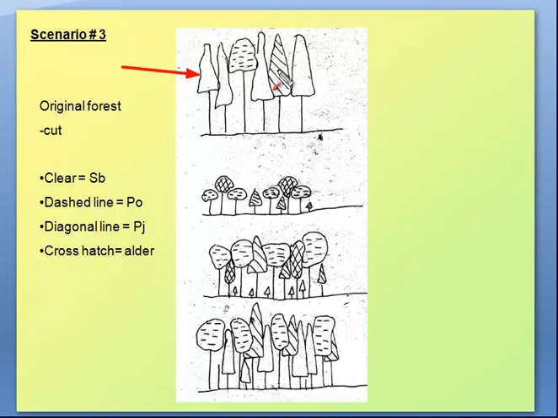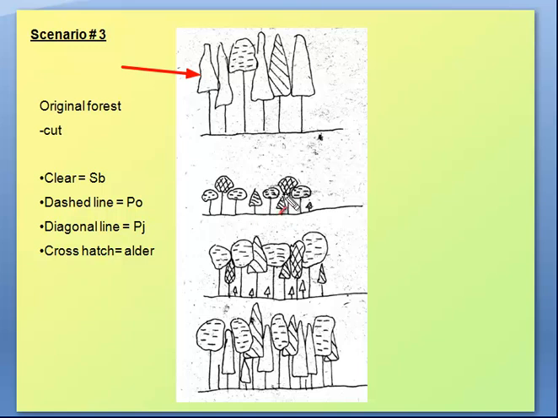Okay, so now when we look at it, the forest is cut, and suddenly over the first 10 years, we see the dash line, which is poplars, but we have alder, which are overtopping these trees. So very small trees, but they are overtopping, and we have a few jack pine coming in.